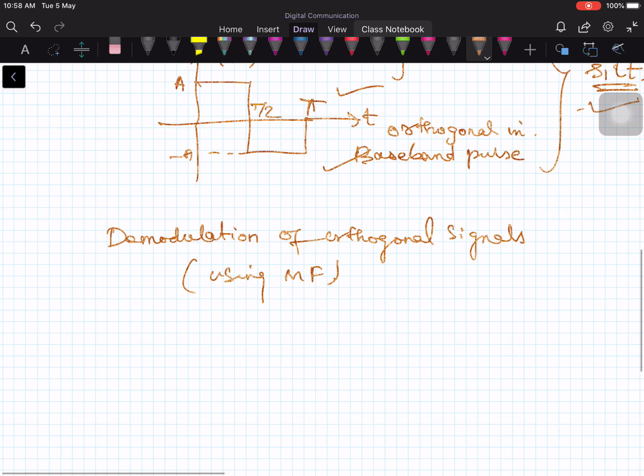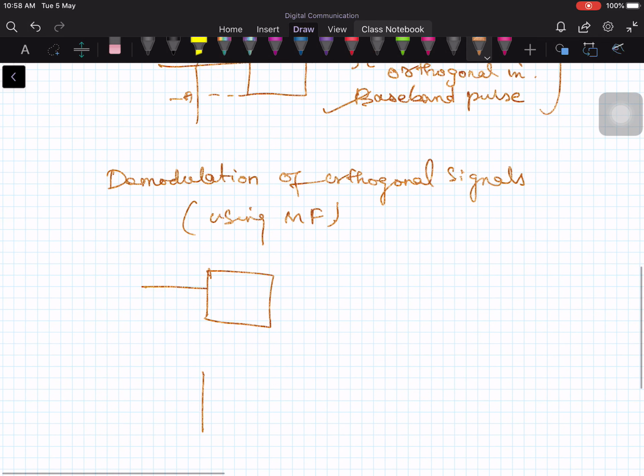Therefore I have two matched filters. Let's say this is matched filter 1 and matched filter 2.